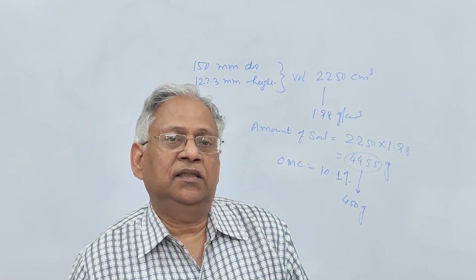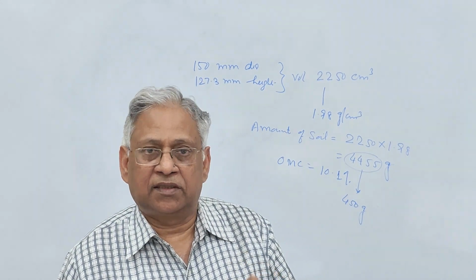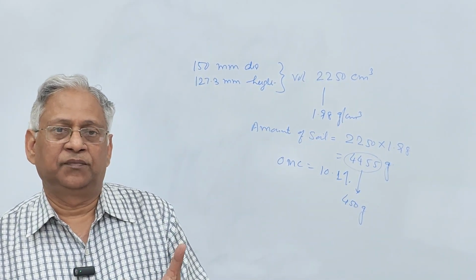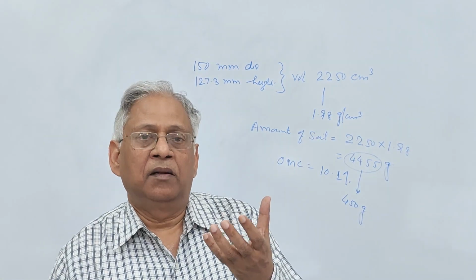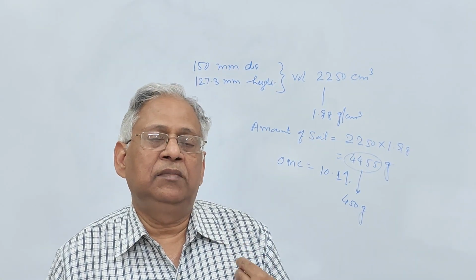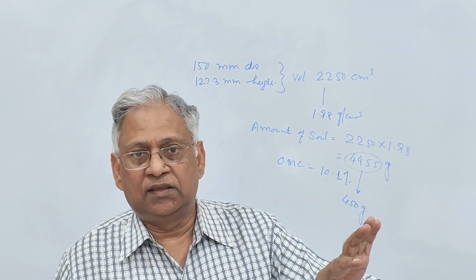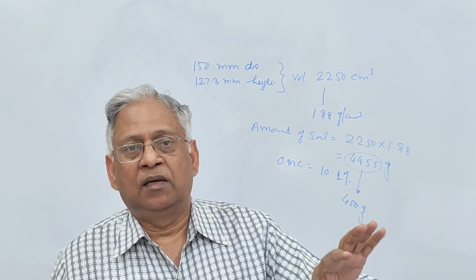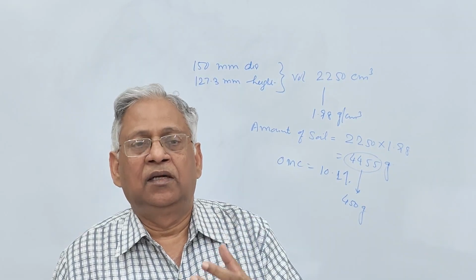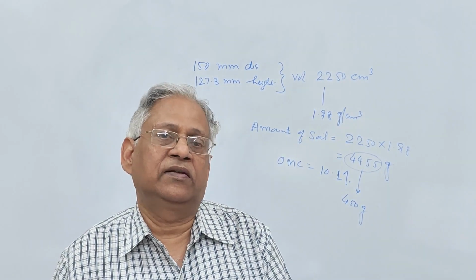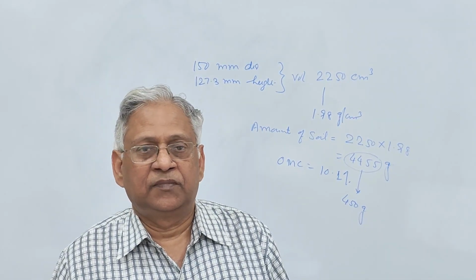CBR test is conducted on material passing 19 mm sieve. If the amount of material in a sample of size larger than 19 mm is in significant quantity, then you replace that quantity above 19 mm size by equivalent weight of the size passing 19 mm and retained on 4.75 mm sieve.